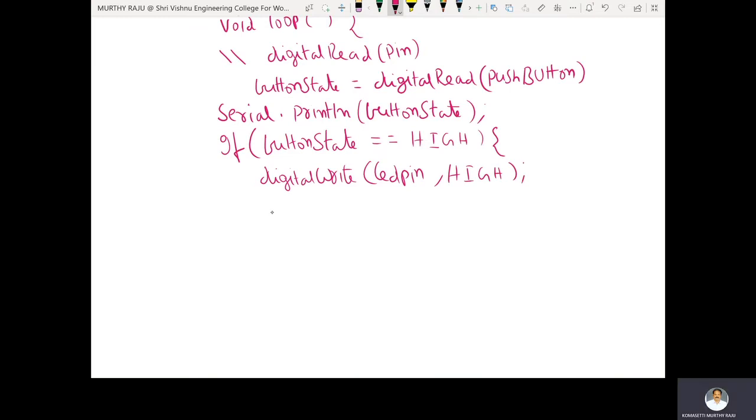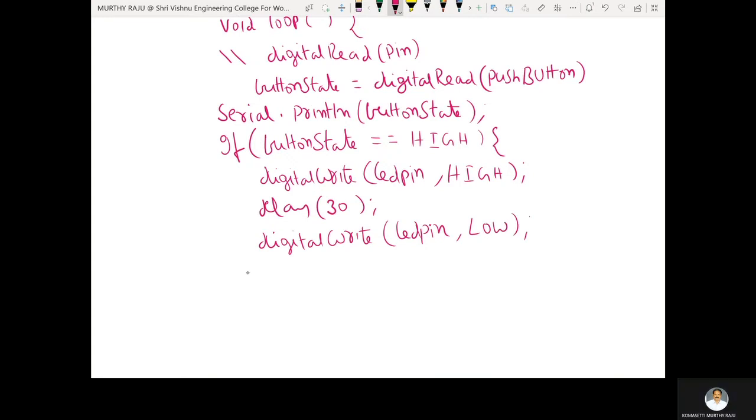Here we use a small delay, 30 milliseconds. Digital write LED pin low. Therefore, task is over.